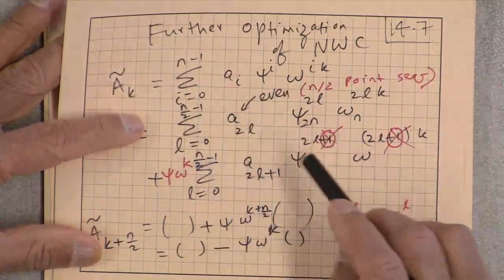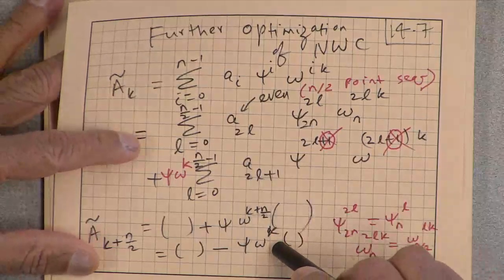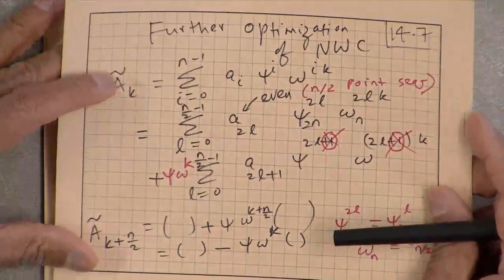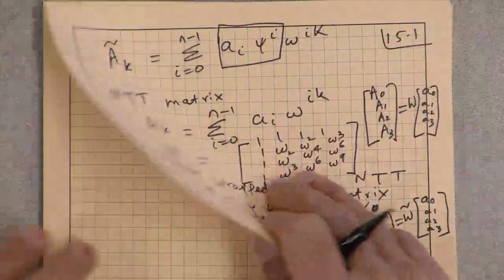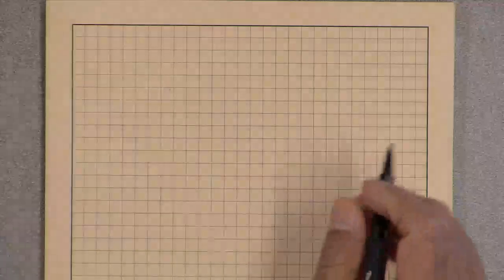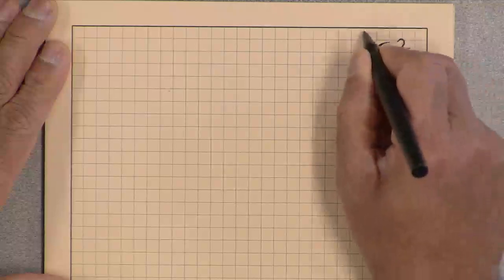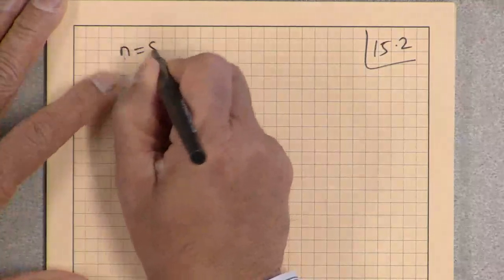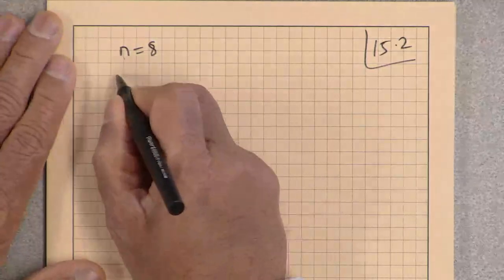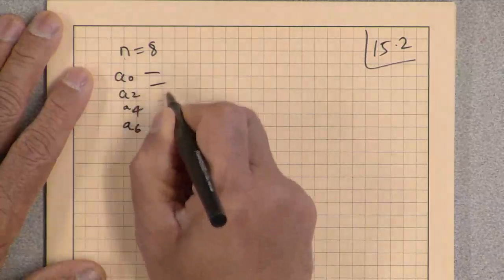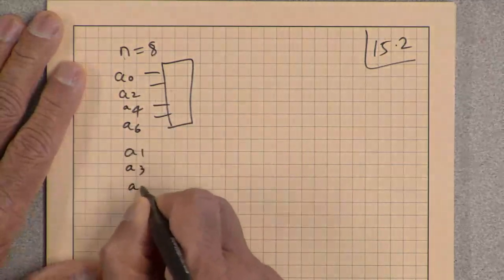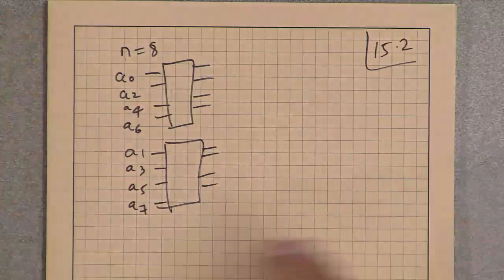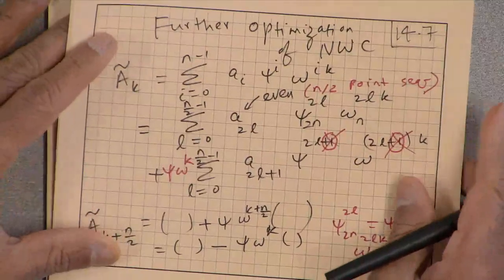So dividing this into two parts, we got A. Okay, so these parts, that's fine. So if we take these two equations, A_k tilde and A_{k+N/2} tilde, okay, if we take this equation here, so we compute.